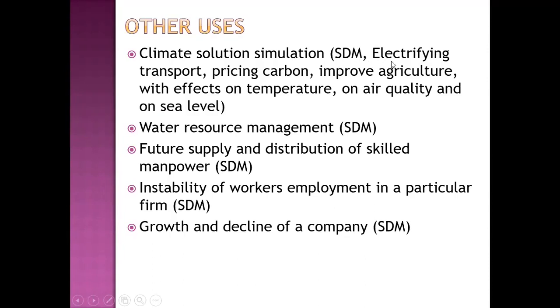The options include electrifying transport, slashing the carbon, activities to improve agriculture, and the effects are seen on temperature, air quality, and sea level. Then water resource management, future supply and distribution of skilled manpower, instability of worker employment in a particular firm, growth and decline of a company.